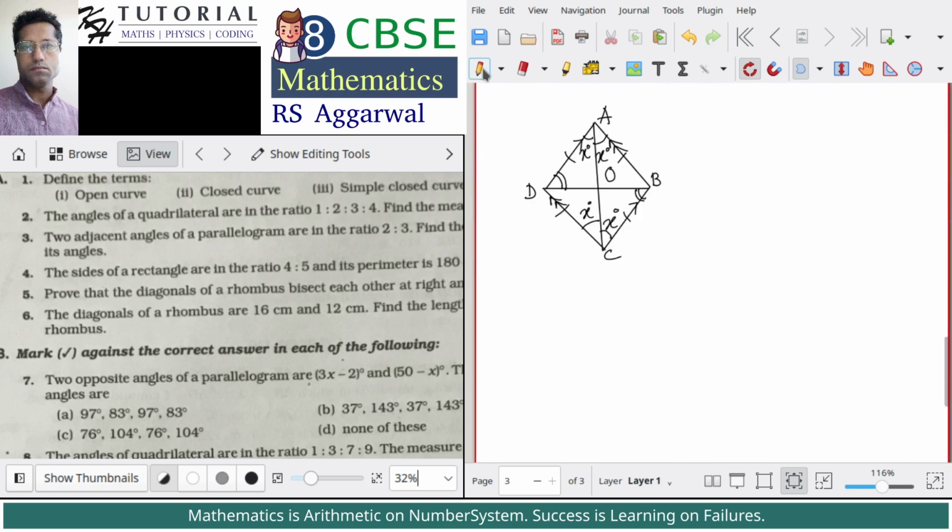Now consider triangle AOD and triangle AOB. We will try to prove these two triangles are congruent. We already have angle DAO is equal to angle OAB, that is, they are both equal to x degree. Also, we have AO is equal to AO, the common side.